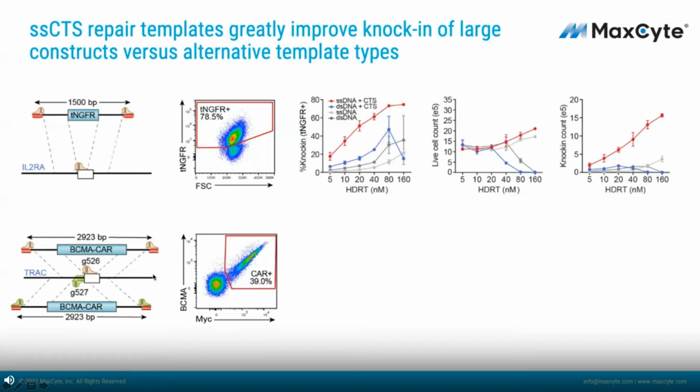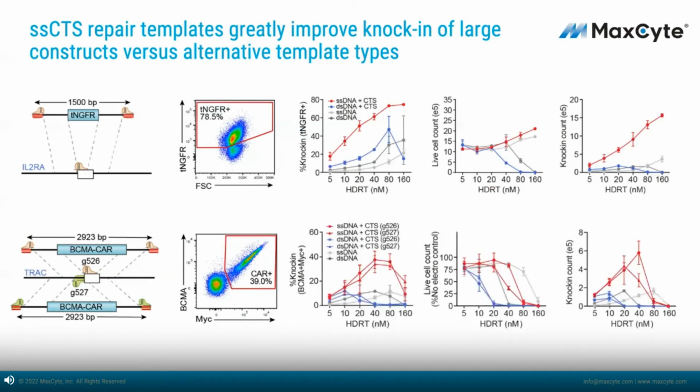And with this strategy, they're able to achieve 39% knock-in of the BCMA CAR with, again, higher efficiency compared to the double-stranded CTS templates and the regular single-stranded and double-stranded DNA. And we're able to achieve, again, significantly higher live cells and CAR T cells at the end of the process.